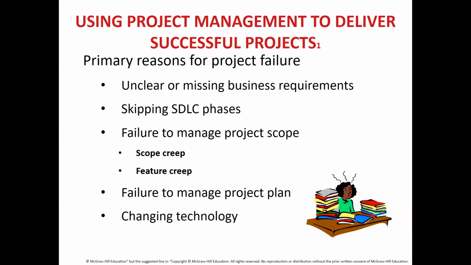If the planning phase is incorrect, or if the plan presented to the executive members of the organization said one thing but something else happened, that's also called failure to manage the project plan. If that's the case, your project is always likely to fail.